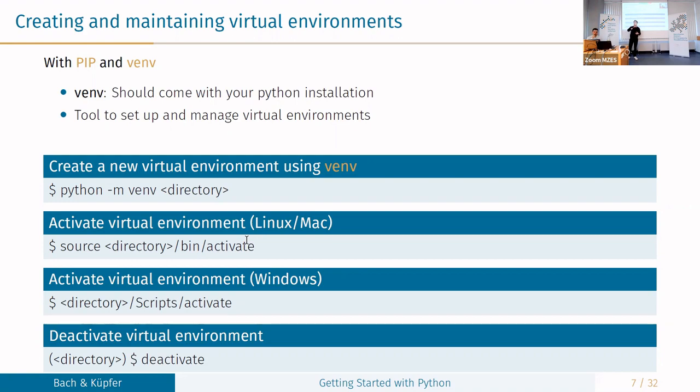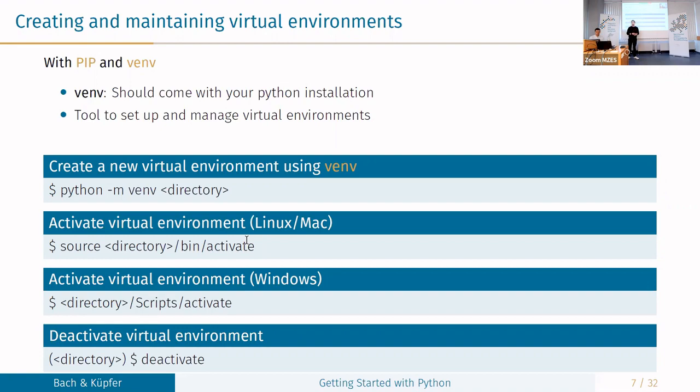Now, in case you want to use it, you need to activate it. And the step is very simple. On a Linux or on a Mac, you simply call source and the name of the directory where you have installed this new virtual environment, followed by /bin/activate. On a Windows machine, it's somewhat different.